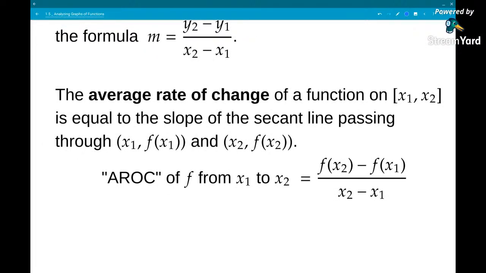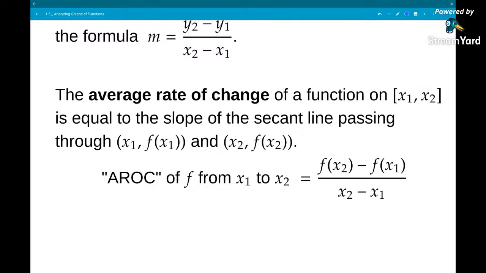But this one might be new, but it's really not intimidating. It just looks intimidating. The average rate of change of a function on an interval is equal to the slope of the secant line passing through the endpoints on that interval.